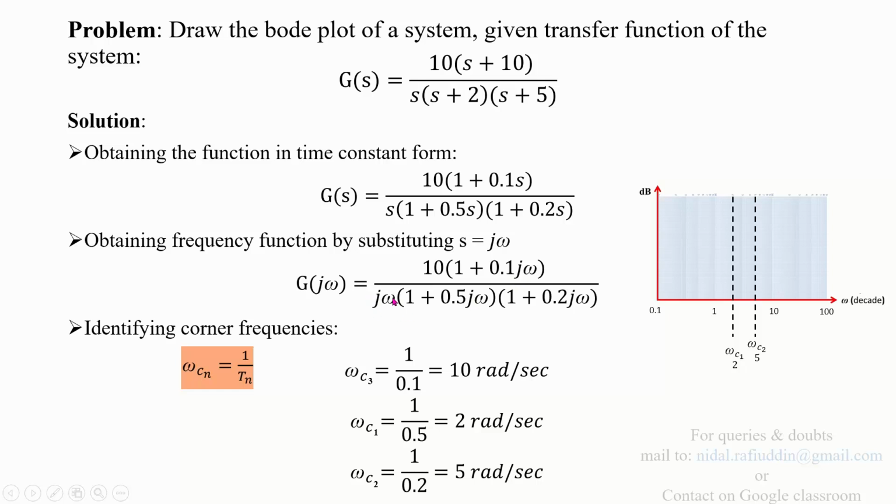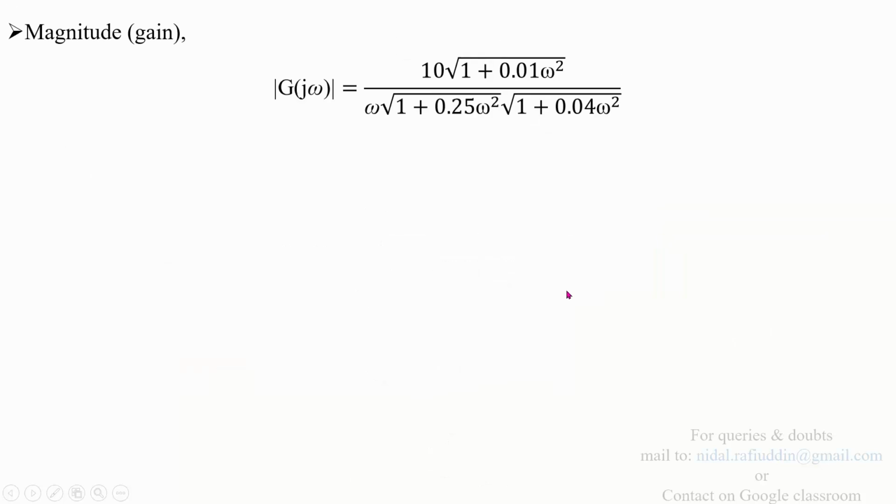Likewise, you have 0 plus j omega. The magnitude becomes omega. For this, we have magnitude 1 under root 1 square plus 0.5 omega square, and for this we have under root 1 square plus 0.2 omega square, like this. So 0.1 square becomes 0.01, 0.5 square becomes 0.25, 0.2 square becomes 0.04, and we are left with omega squares associated with that. So this becomes the magnitude of G omega.